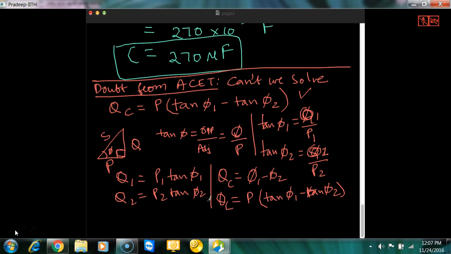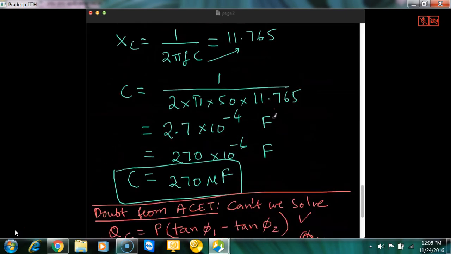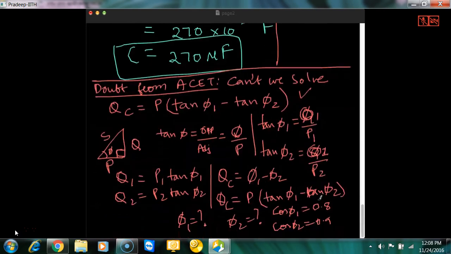But then the problem is what is phi 1 and what is phi 2. So we know the power factor. We know cos phi 1 is 0.8 and cos phi 2 is 0.9. So let me make some space above. I've run out of space, so I'll just make this space here and I'll put an arrow from here.